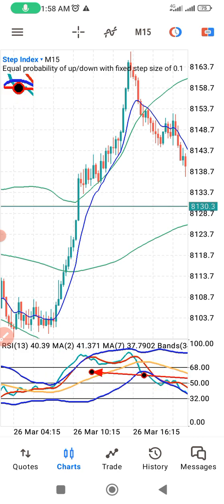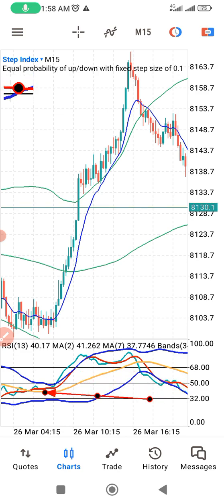Why? Because it serves several functions. With the TDI you can determine your entries, you can determine divergence, and you can determine the volatility of the market. Alright, so let's go through it.